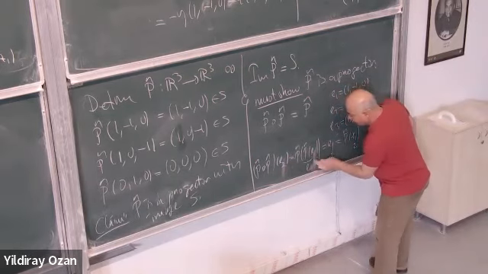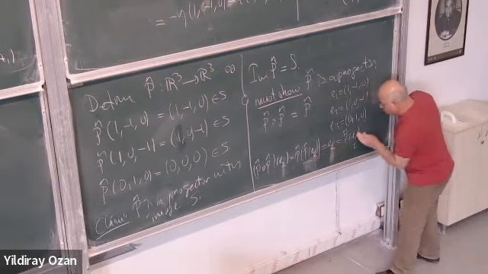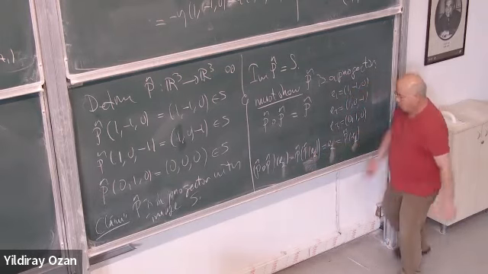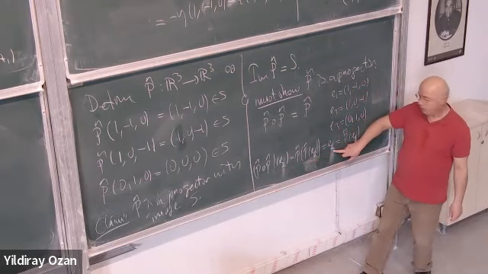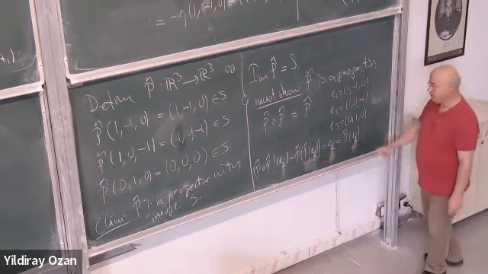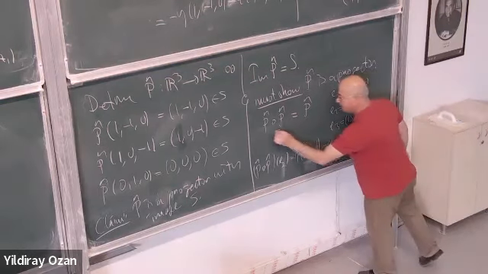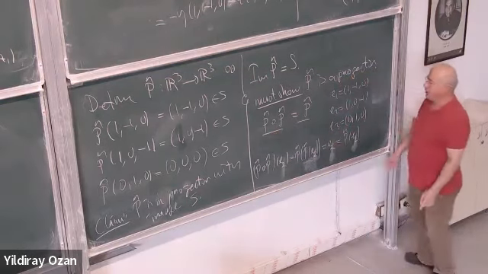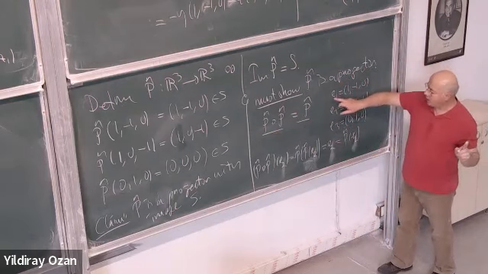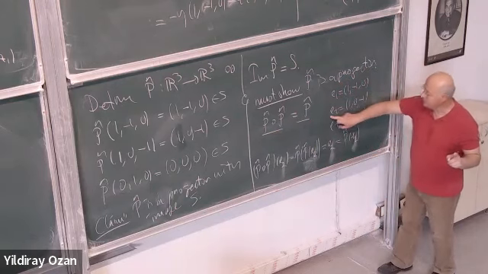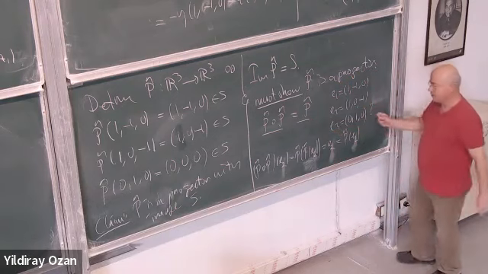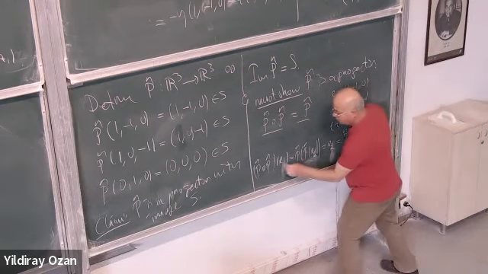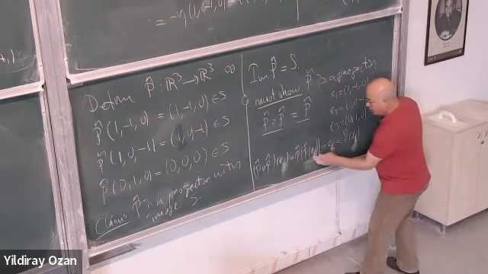E2, E2, E2, because P of E2 is also E2. So we have this. Therefore, this operator and this operator agree on this basis element and this basis element. Now we have to check whether they agree on the last basis element. If I put E3 here, P E3.